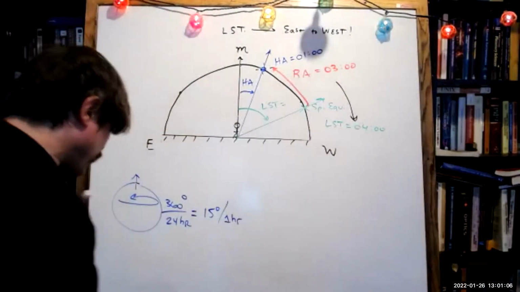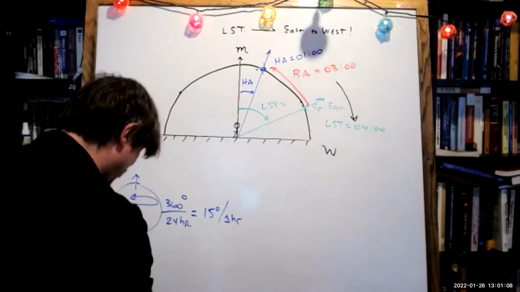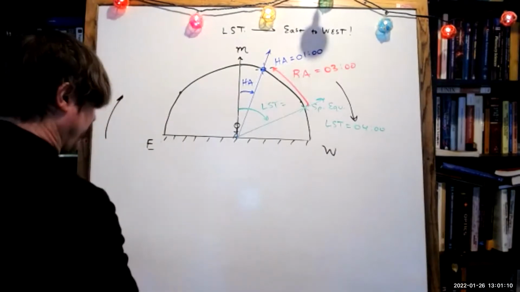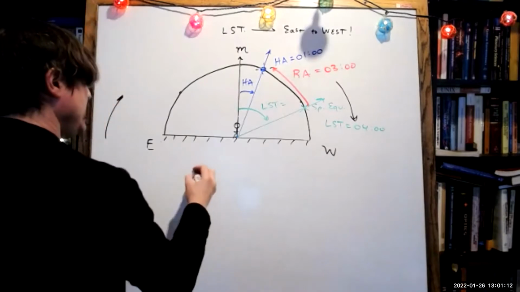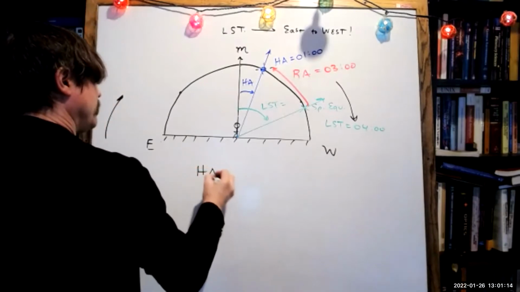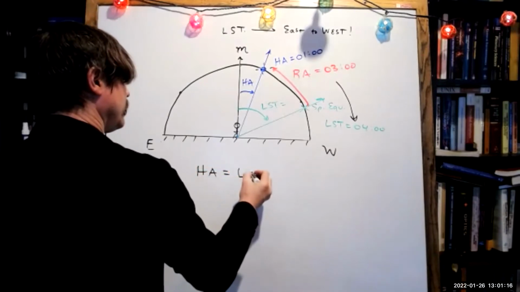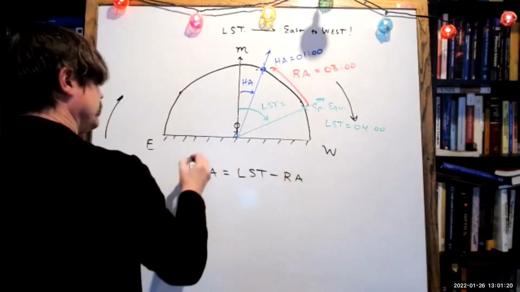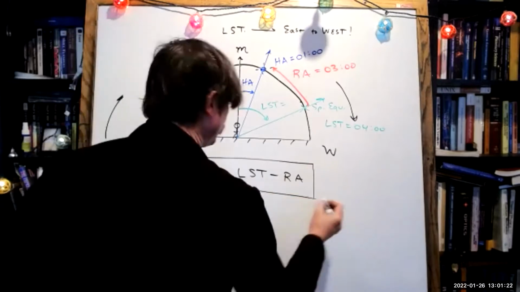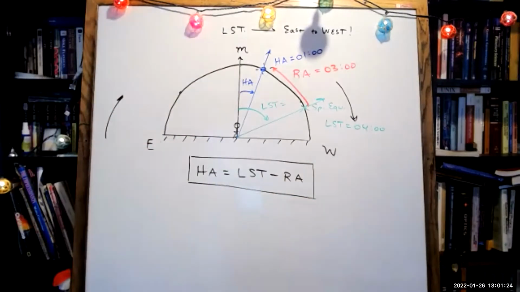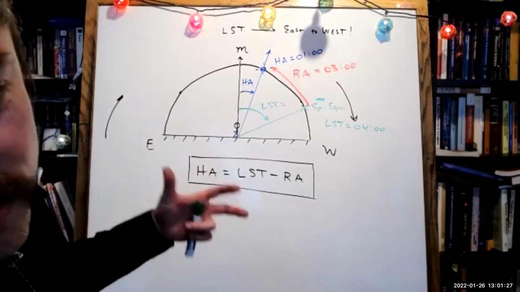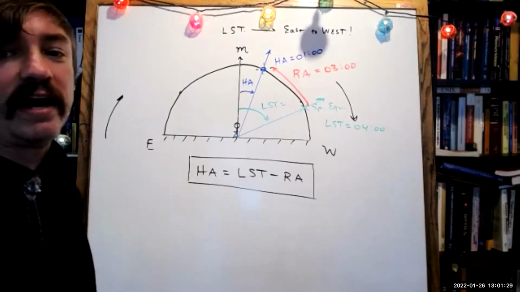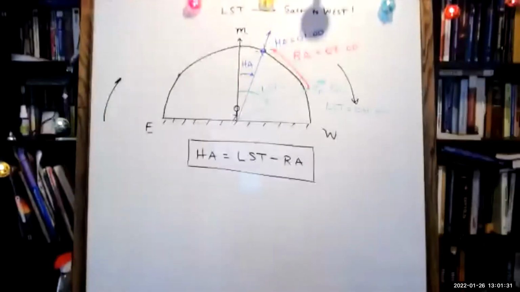So we've actually just proven a little mathematical statement that we're going to want for our homeworks today. The hour angle of some random star is the local sidereal time minus the right ascension. There's a lot of different things you can do with this formula, but some people consider it to be the sort of definition of local sidereal time. What it means is a couple of things.